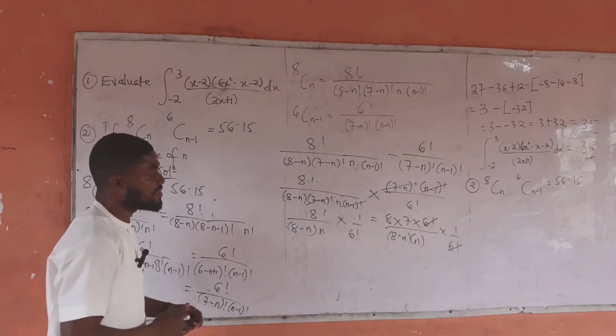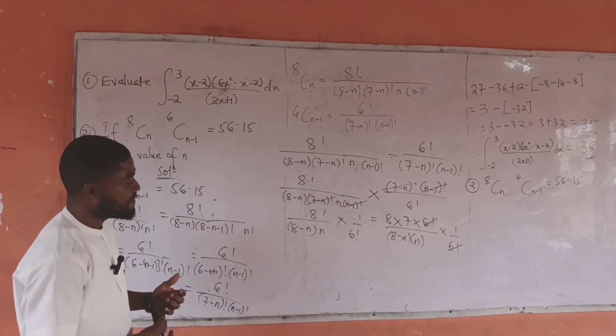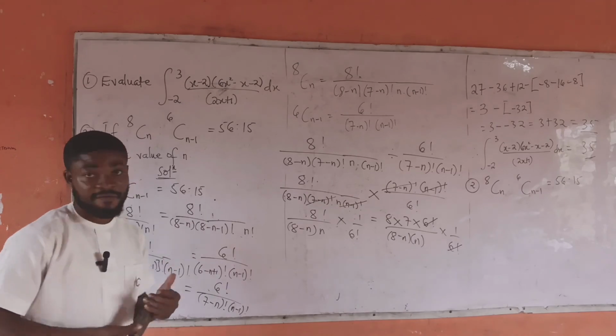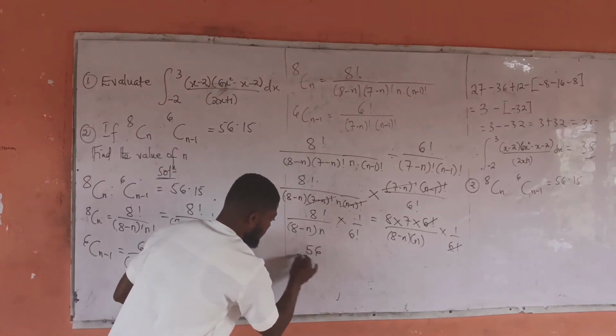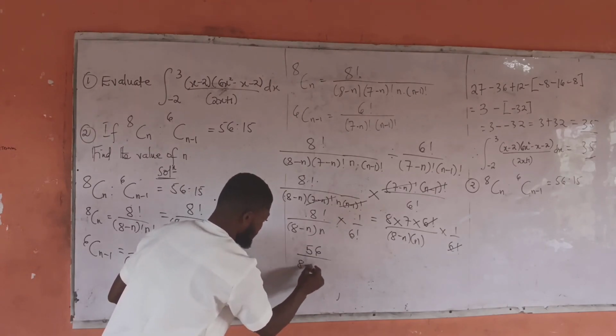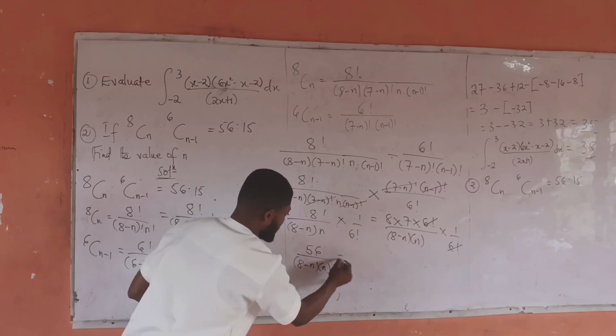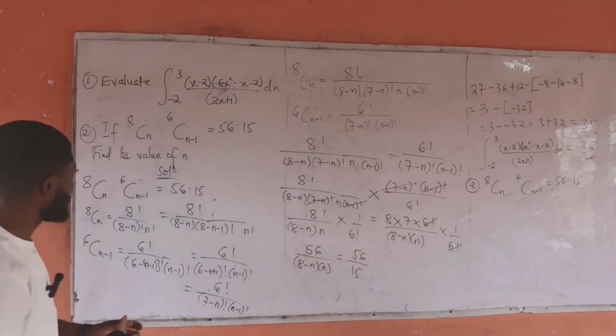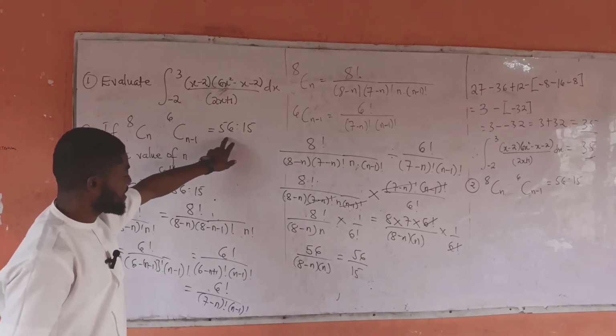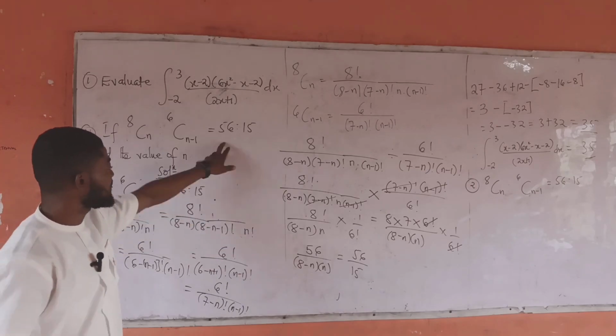Now 8 times 7, that should be 56, so we can see that truly the numerator is giving us 56.